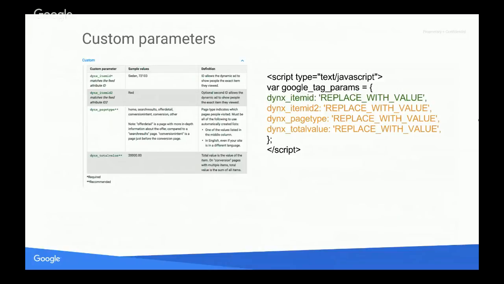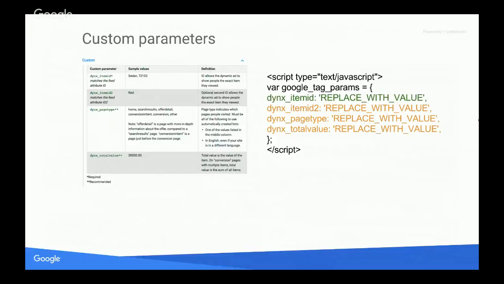The dynamic remarketing tag, as you might know, collects different data such as the IDs of the products or services that people viewed on your website, the type of pages viewed, such as search page or product page, or even one step further, shopping cart pages, and also includes the total values, meaning the price of your product. The AdWords system can use this data to remind people to take action.